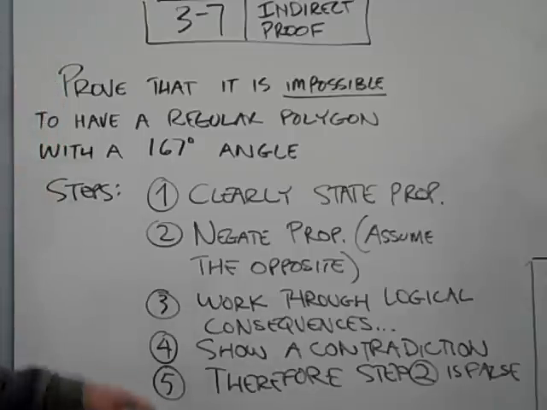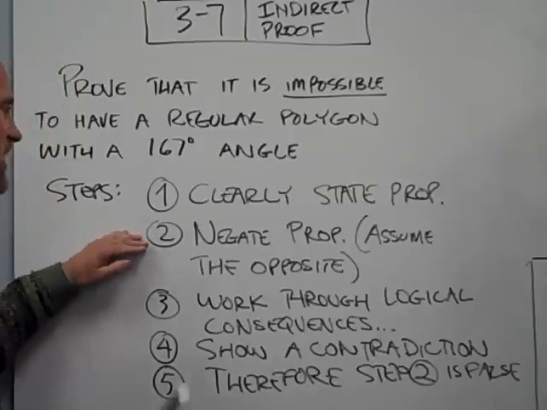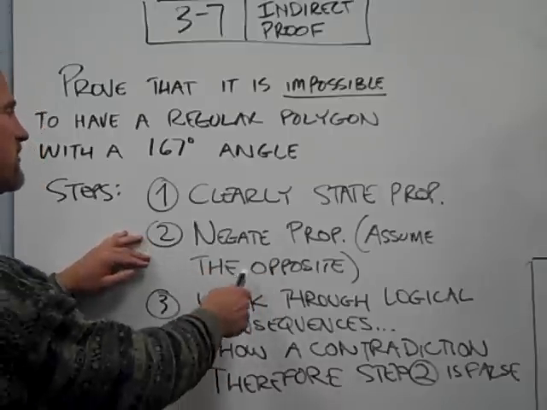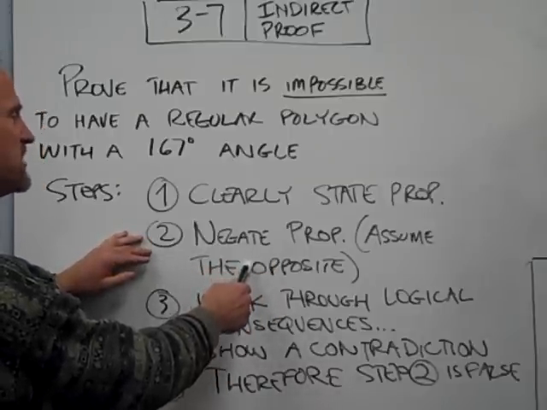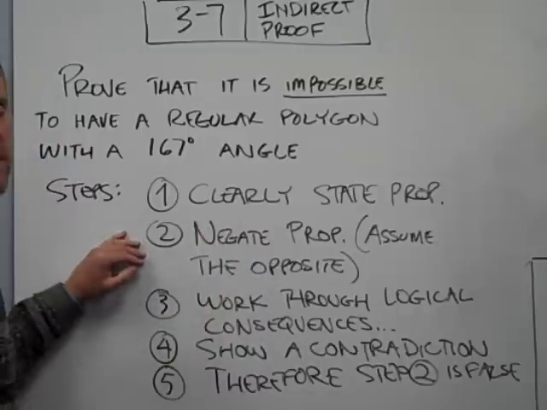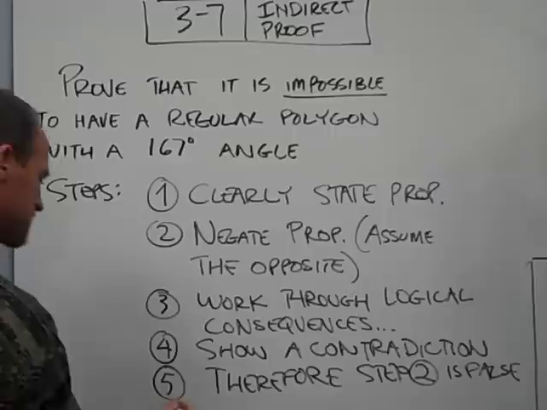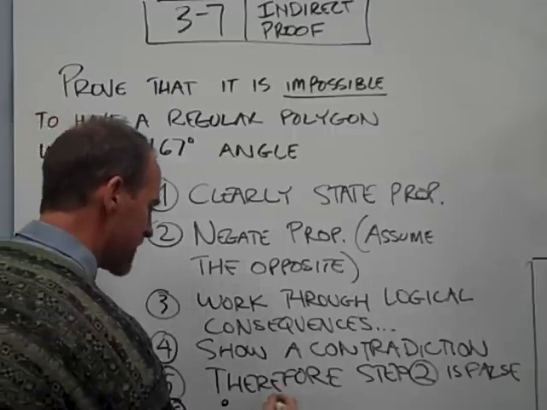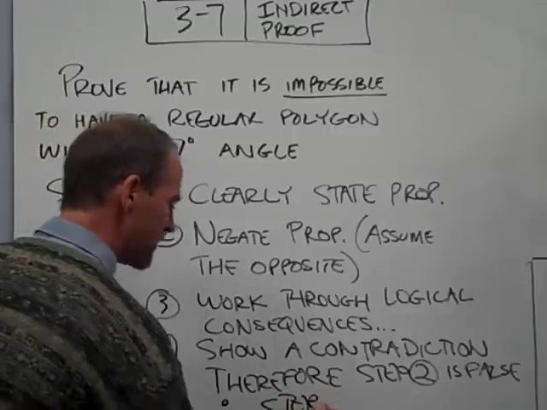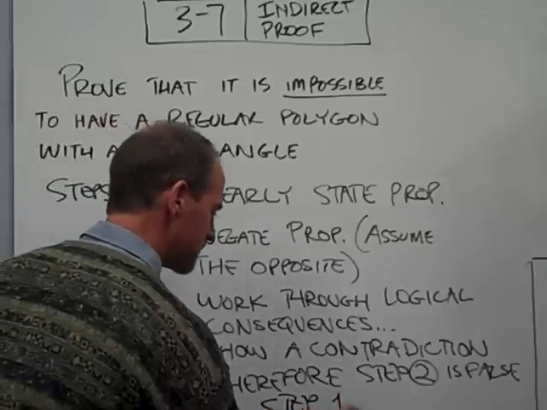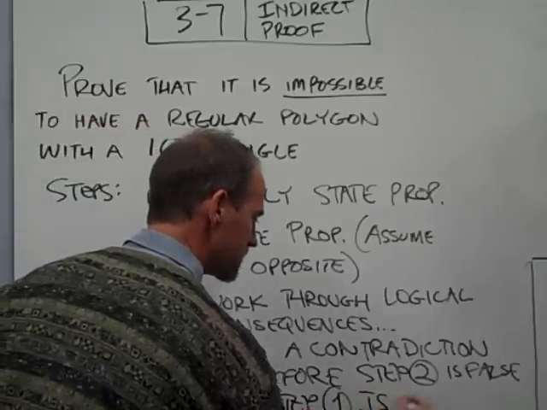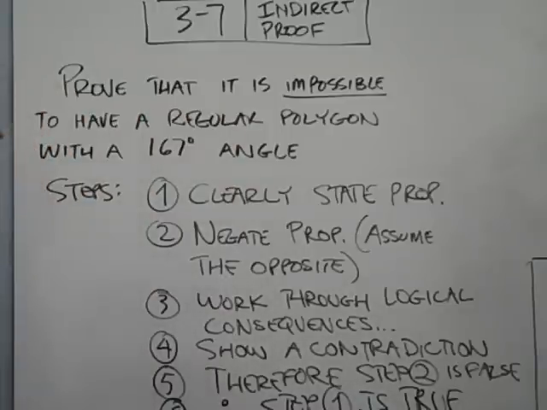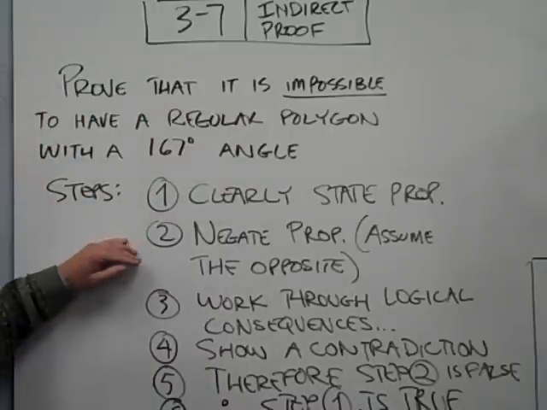If we prove that step 2 is false, then you negate the negation, or you have the opposite of your proposition that's crazy. So you go back to your original statement being proven true. The three dots stand for therefore: step number 1, or your original problem, is true, if you can prove that your assumption to the opposite was false and crazy.